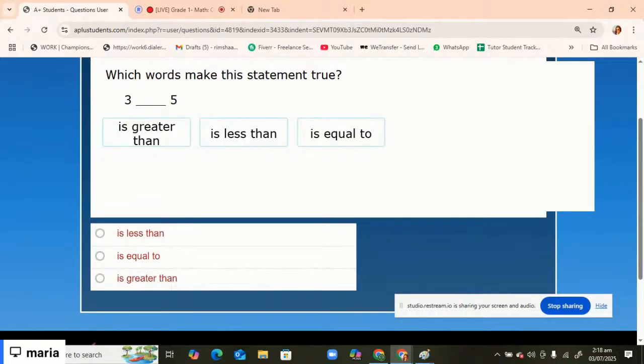What is the right option? So 3 is less than 5 because 3 is not greater than 5. So we go with this one.